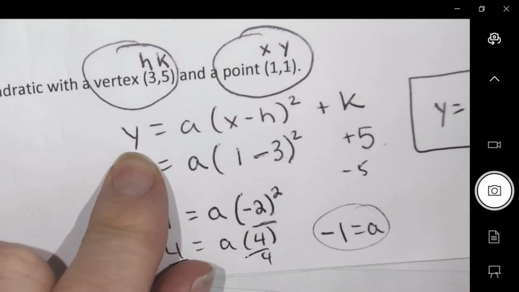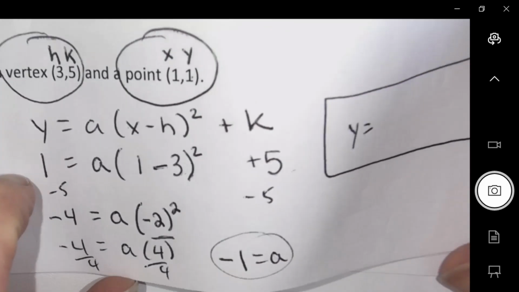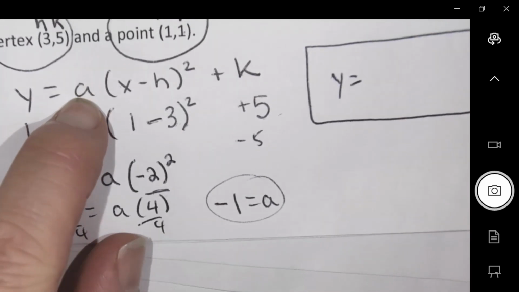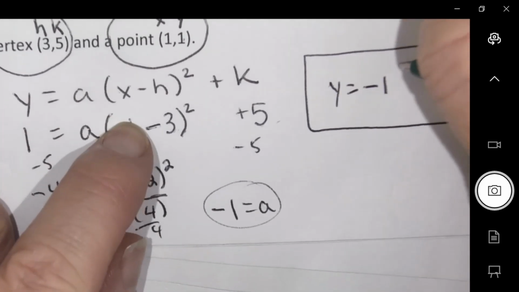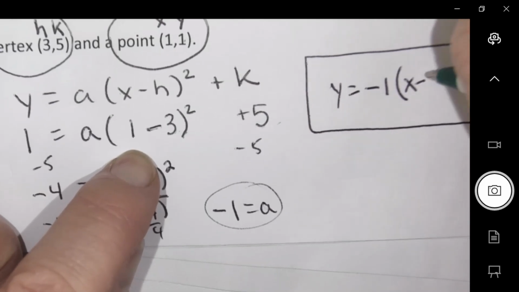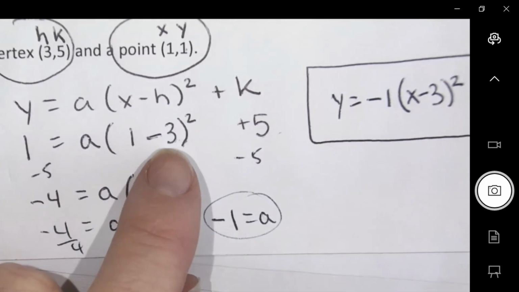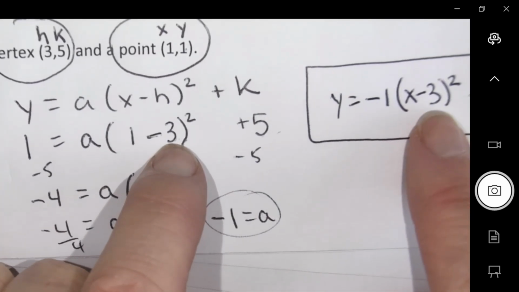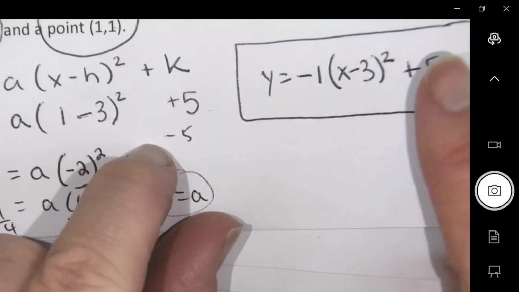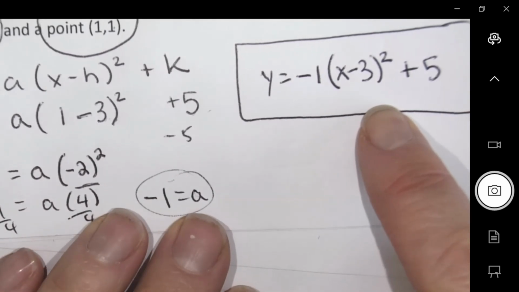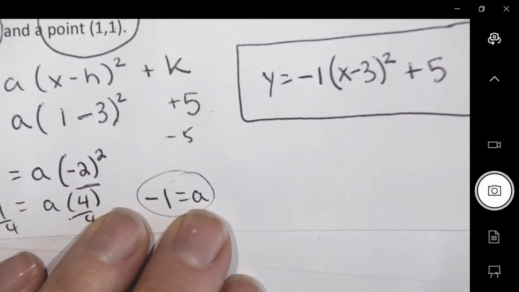So y equals, I can now replace a with -1, x -3 squared plus 5. So I put the vertex, the 3 part and the 5 part in there, and the slope part in there. But I left the x's and y's open.